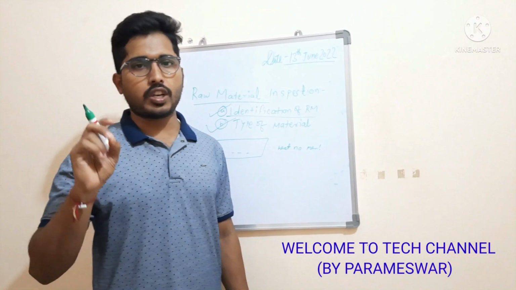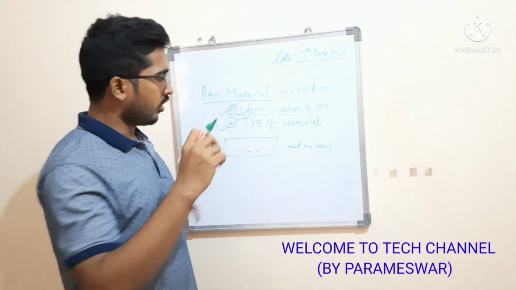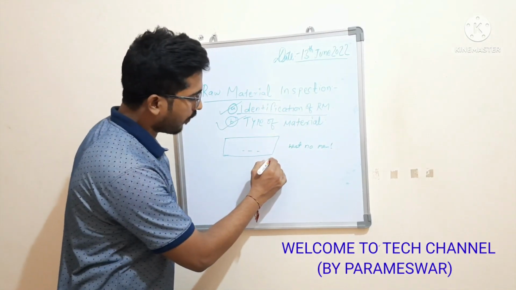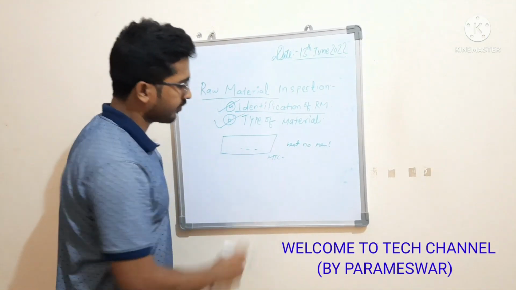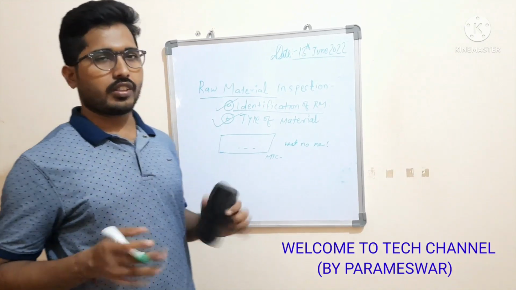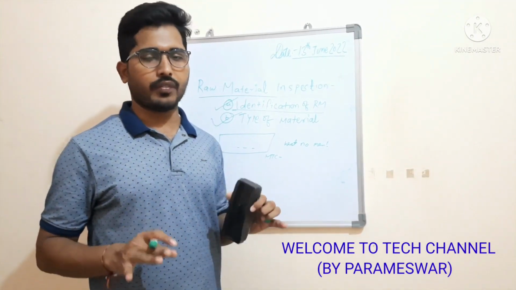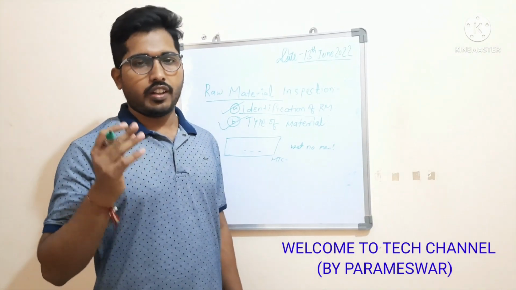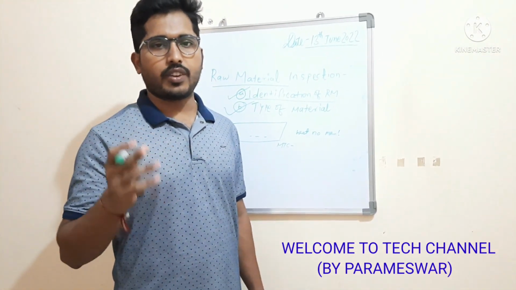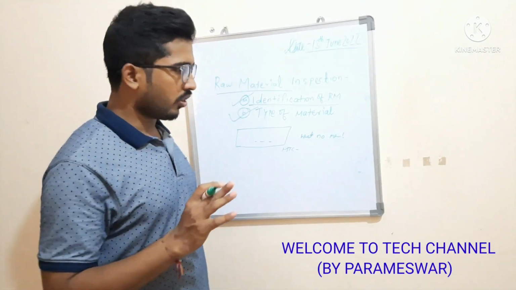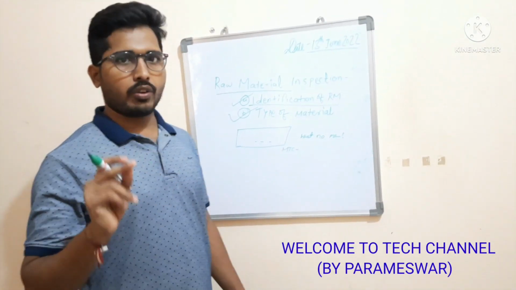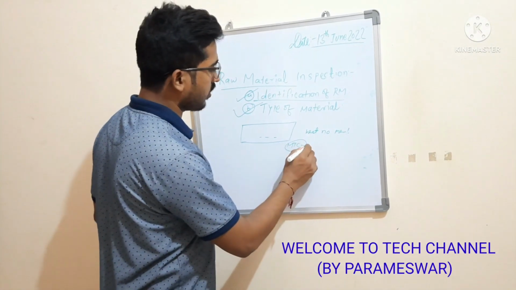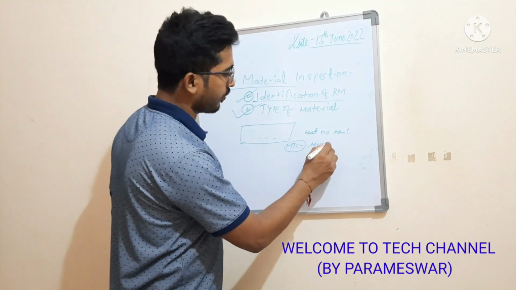You should correlate that heat number which is mentioned on the plate with MTC. Whether it is a plate, pipe or electrode, everywhere there is a heat number or plate number or pipe number mentioned. So you should correlate that heat number with MTC. MTC means Mill Test Certificate.